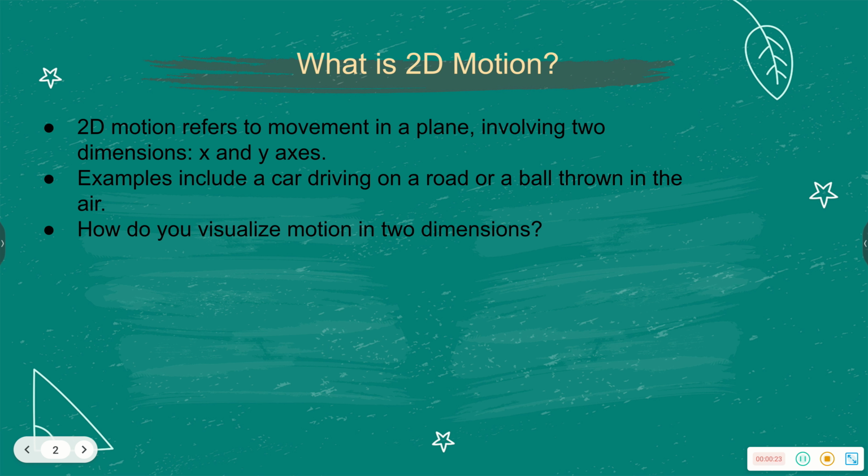So 2D motion refers to movement in a plane. Okay, not an airplane necessarily. We're talking about the planes, the X and Y axes. So it involves the two dimensions, horizontal and vertical. Examples are a car driving on a road, going up and down, a ball thrown, a ball hit, a ball shot, a ball kicked, a golf ball hit, whatever.